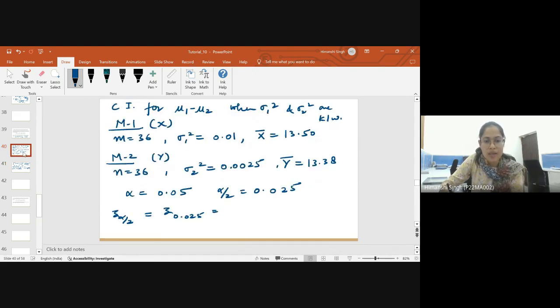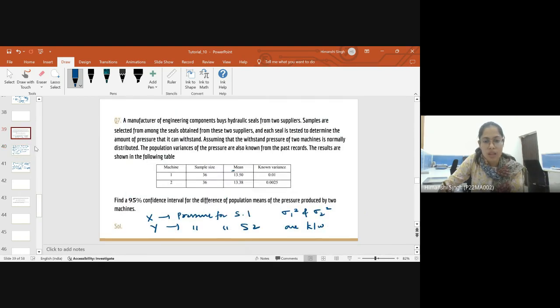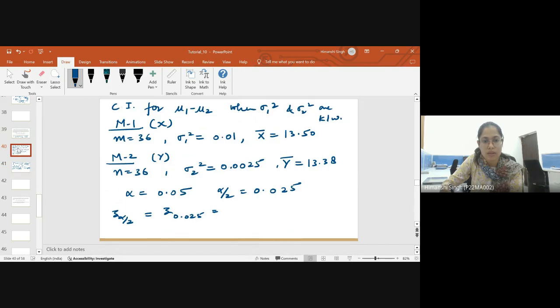So x bar minus y bar. Here x bar is 13.50, y bar is 13.38. So the difference will be 0.12.